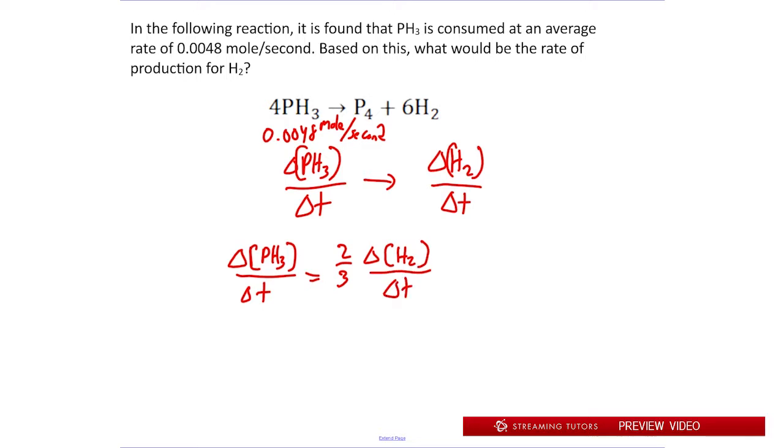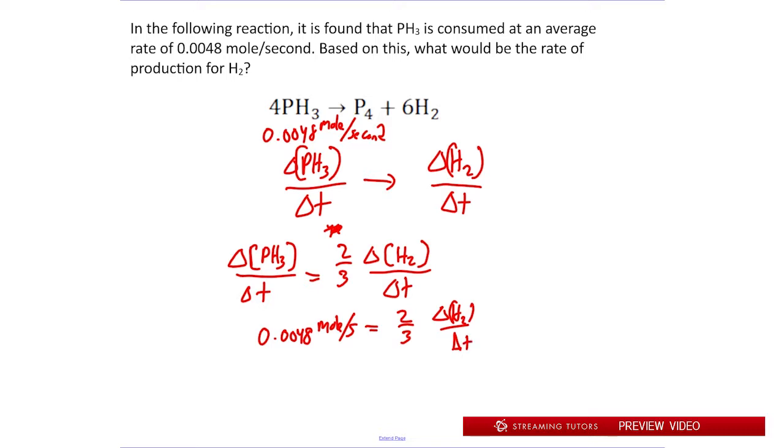That 2/3 just reduced from 4/6. Okay, so based on the stoichiometry of the reaction, we see that these two expressions are mathematically equivalent to one another. So what we can do now is simply plug in our rate for PH3, and then we can solve for our rate for H2. So that's going to look like this. We have 0.0048 moles per second equals 2/3 delta H2 over delta t.